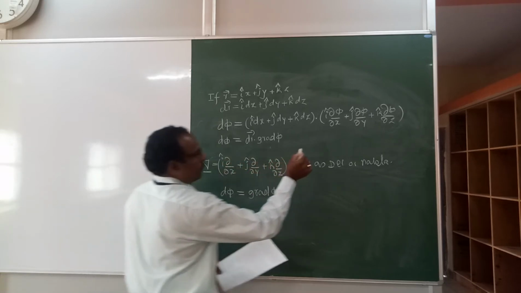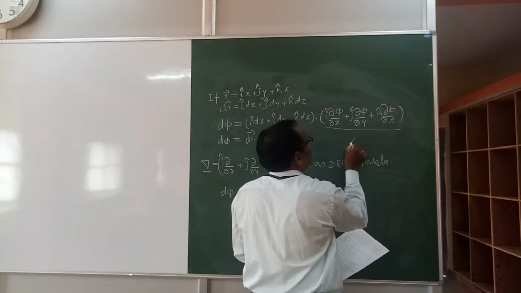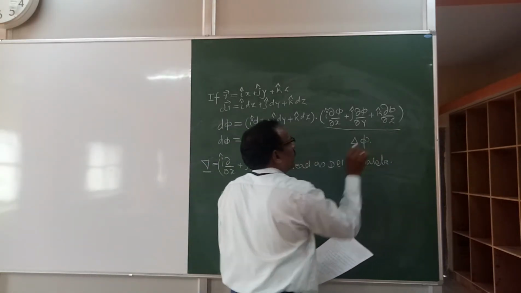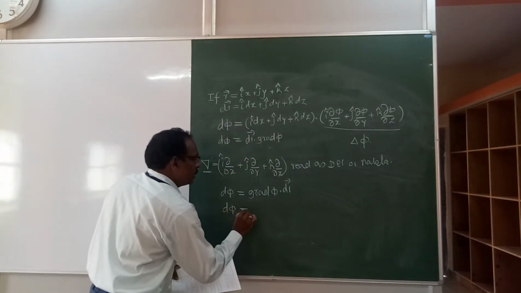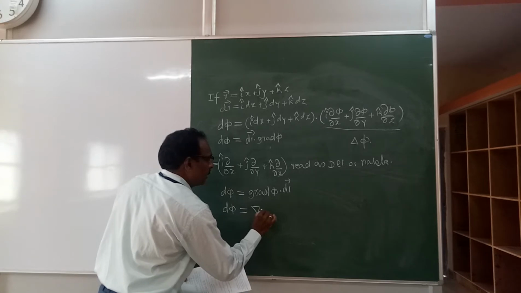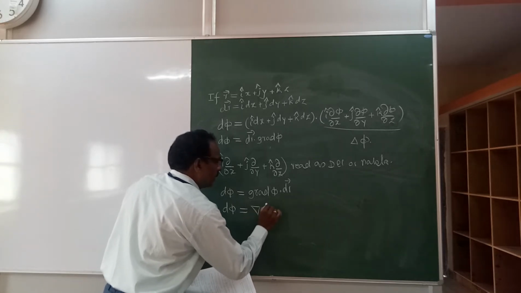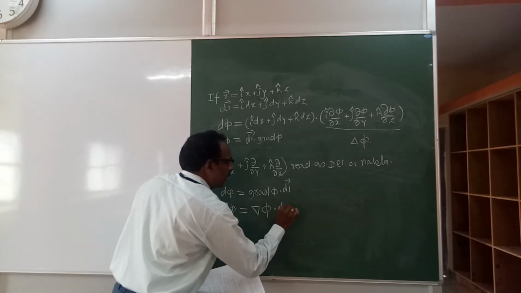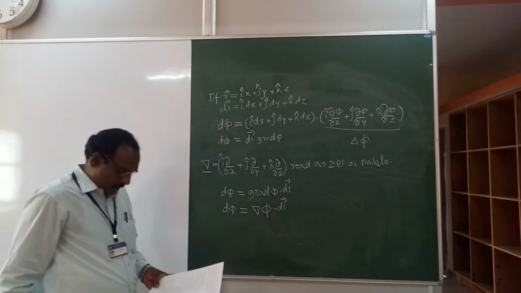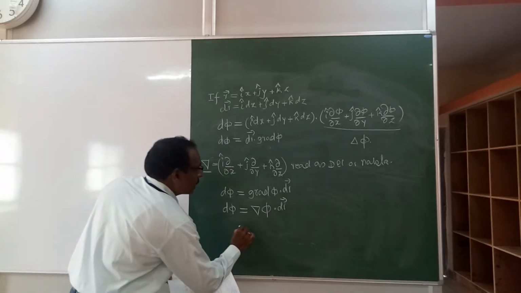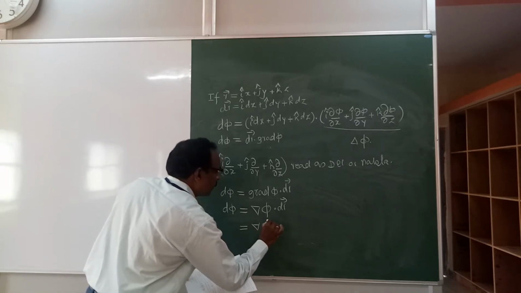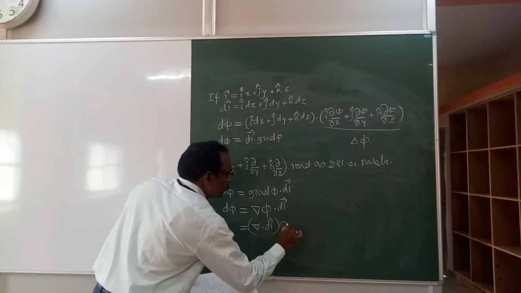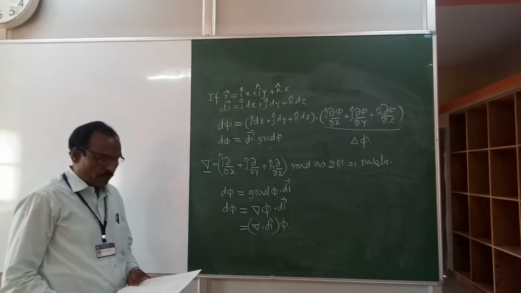So here d phi is equal to del phi dot dr, or I can write this as del dot dr, this function phi.